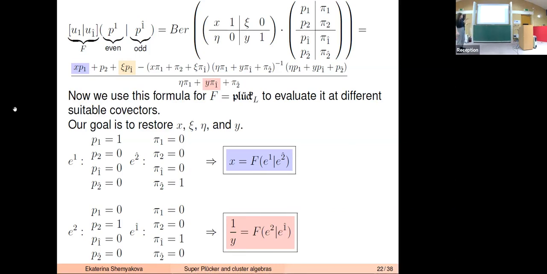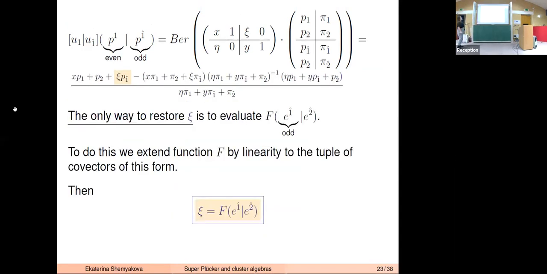Okay, so after some basic algebra, you will see that in fact, yes, you can reconstruct x if you just evaluate your function on this character, you can reconstruct y if you evaluate on this one, and it looks nice and good until you have psi.